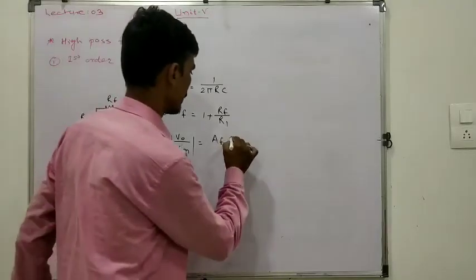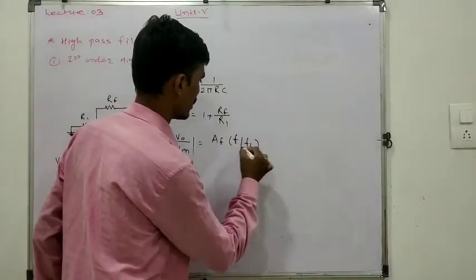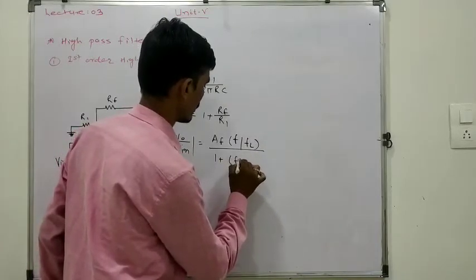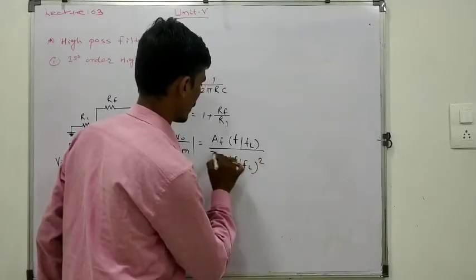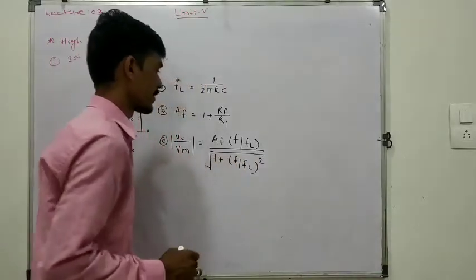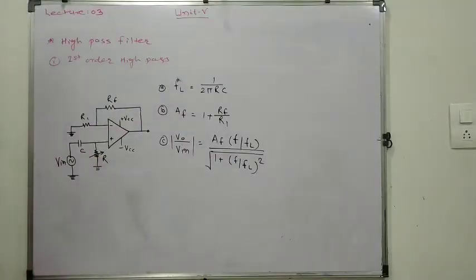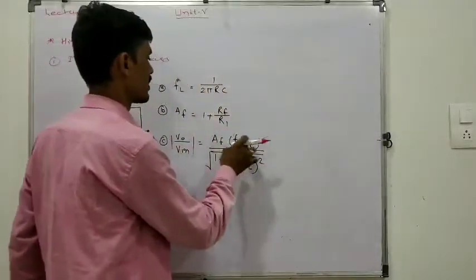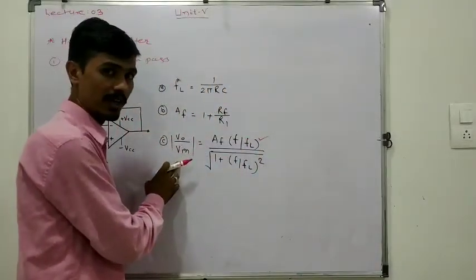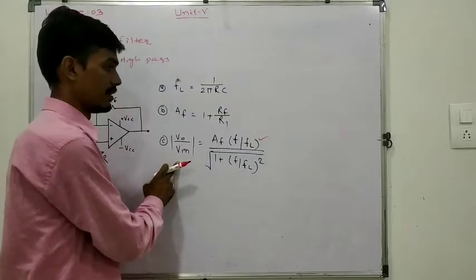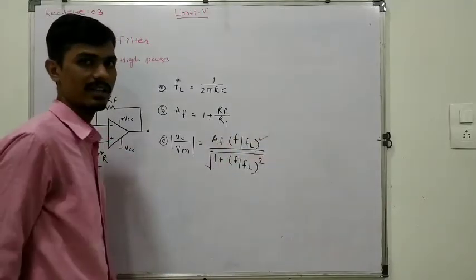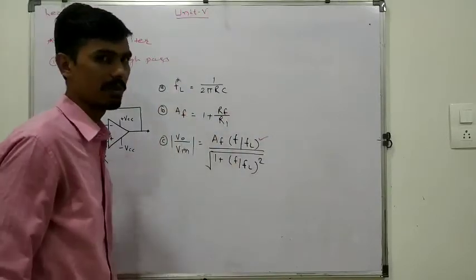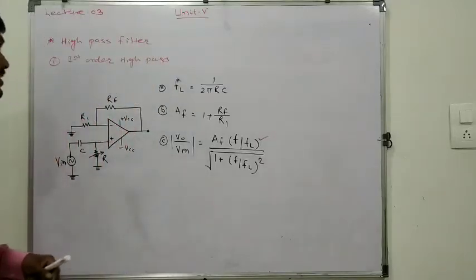Here we have to multiply with F by FL upon the square root of 1 plus F by FL squared. So one extra term, F by FL, is added compared to the transfer function of the first order low pass Butterworth filter. This point must be remembered while designing the first order high pass Butterworth filter. This much of formula we have to remember for designing a first order high pass Butterworth filter.